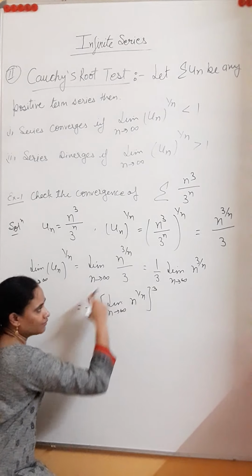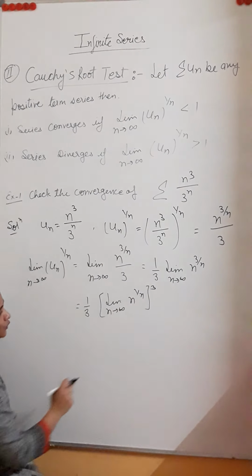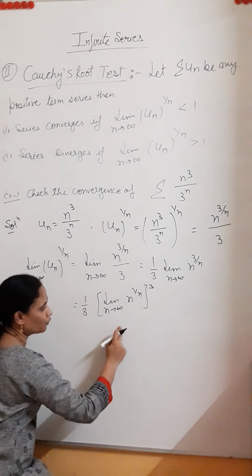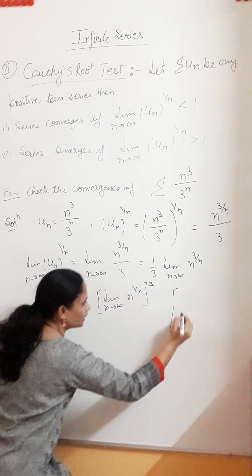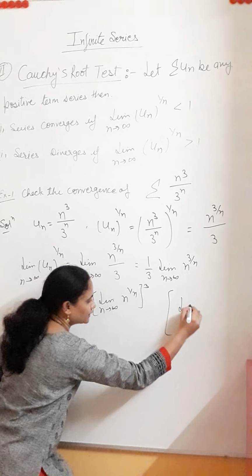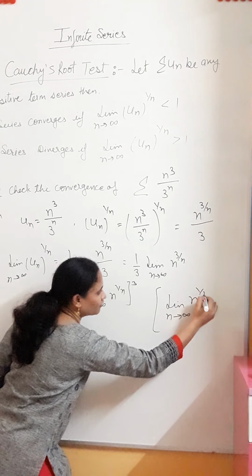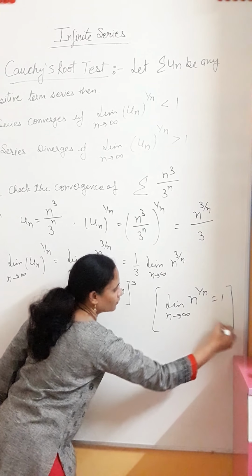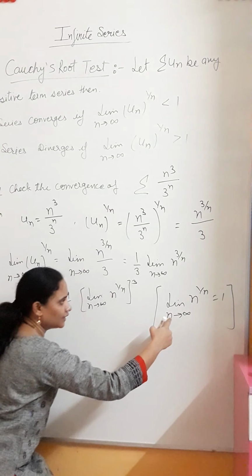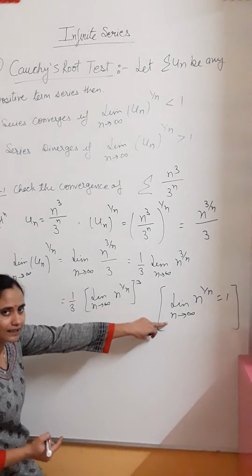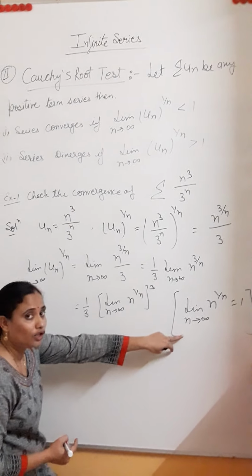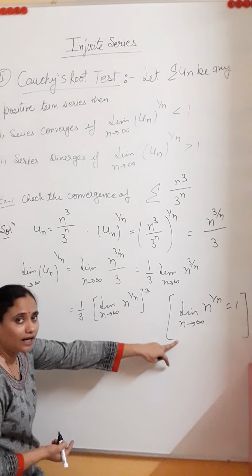If you go in reverse, you will see this is equivalent to this. Now what is this value equal to? Here you can remember this standard result: the limit n tends to infinity of n power 1 by n is 1. If the same variable is there, then this becomes 1.